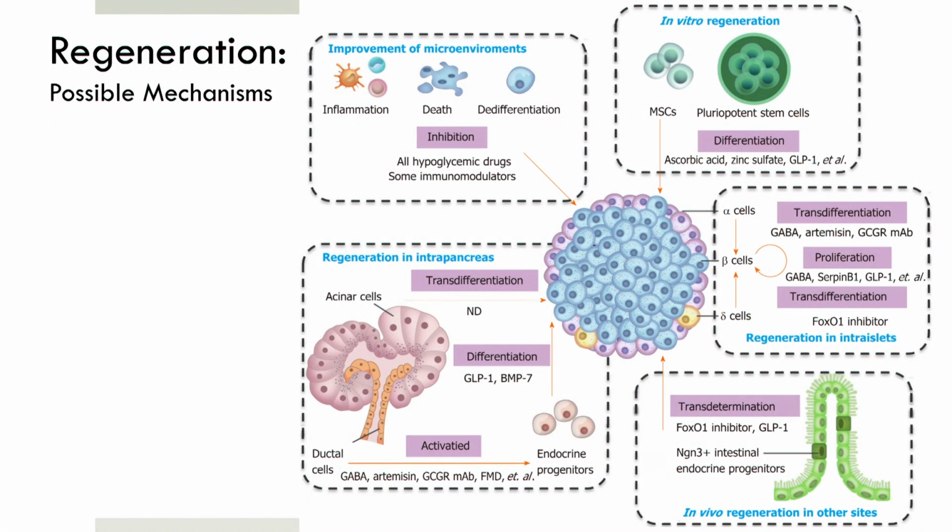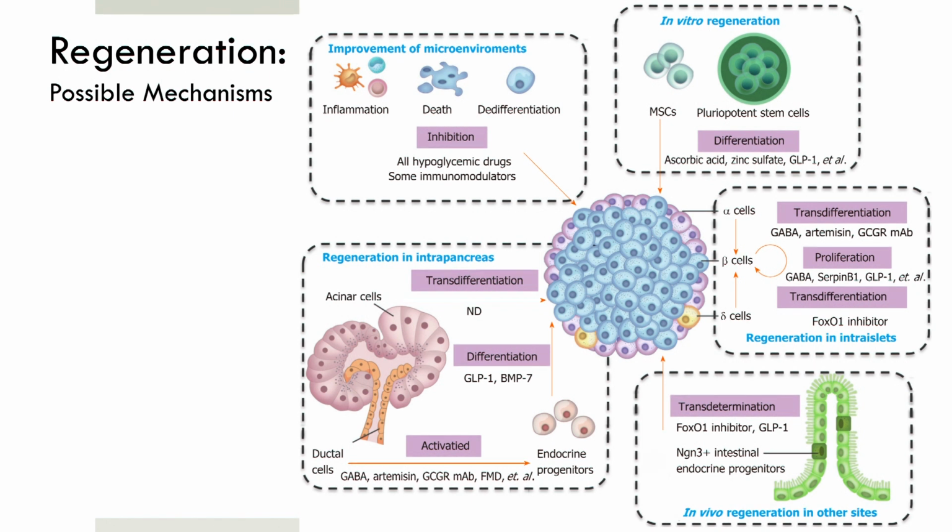You can have in vitro regeneration protocols where you take pluripotent stem cells or stem cells which could be differentiated with the stimulus of ascorbic acid, zinc sulfate, GLP-1, various stimulators which could be done in vitro and then transplanted. You can regenerate from the intrapancreatic cell, where you can regenerate your beta cell from an acinar cell, from a ductal cell, from exocrine progenitor cells.